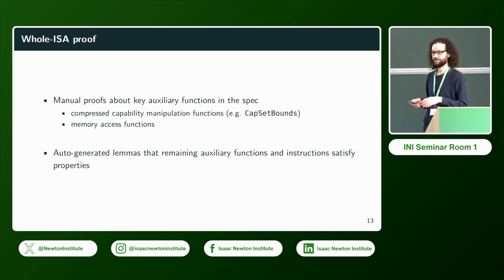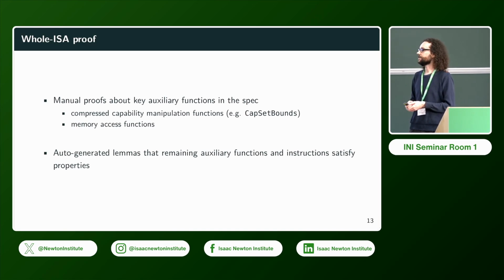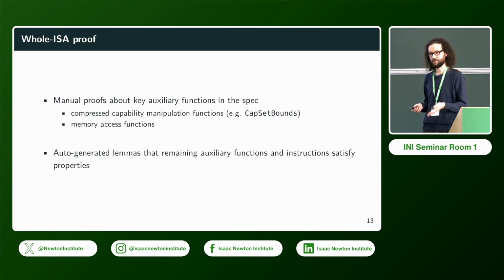We just followed some pretty straightforward approach where we had some custom proof rules for breaking down the properties into smaller ones that can be verified, and having a tool that basically automatically generates lemmas for all the auxiliary functions and instructions in the spec, and some custom tactics that prove those lemmas. So this was pretty straightforward, but it worked well enough for us.